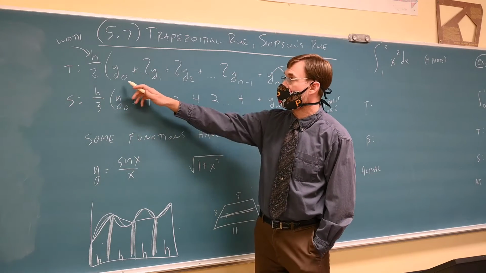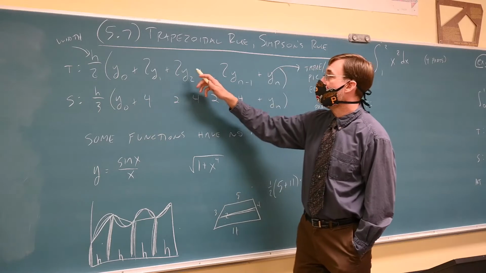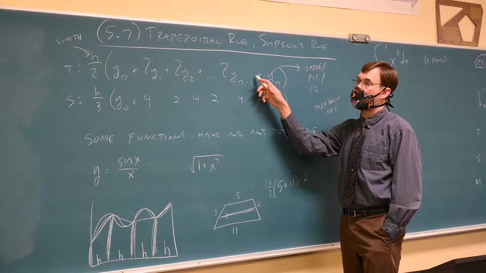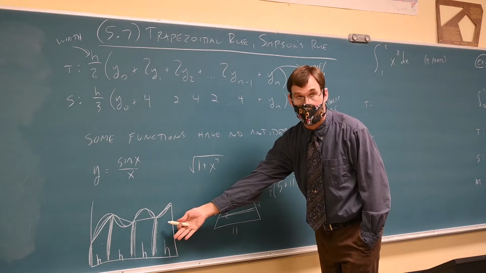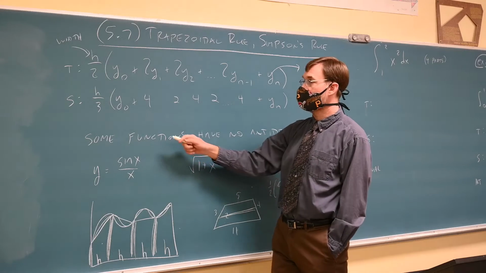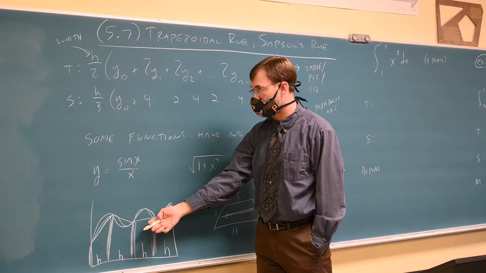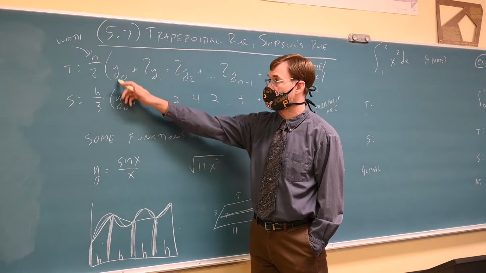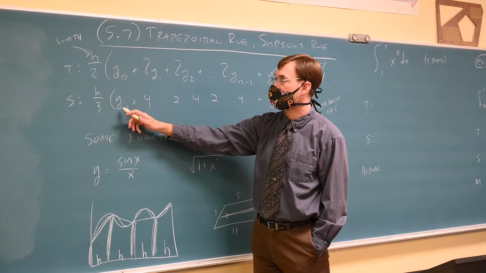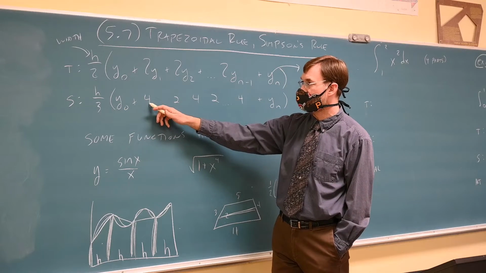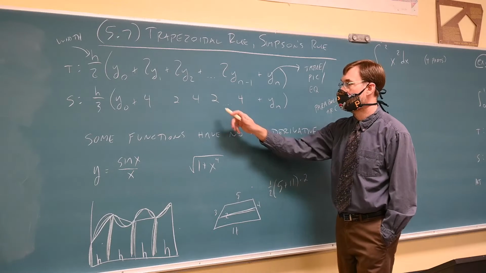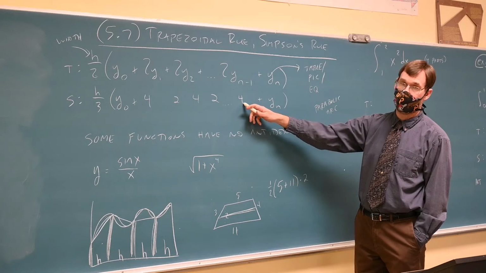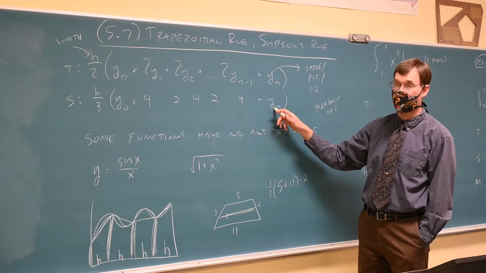And then instead of going single count and then all straight out double counts, which makes sense in the trapezoid picture I can draw you, in parabola world you do start off single counting, but then you take turns between 4s and 2s and 4s and 2s, and you should end up with a 4 before we single count.